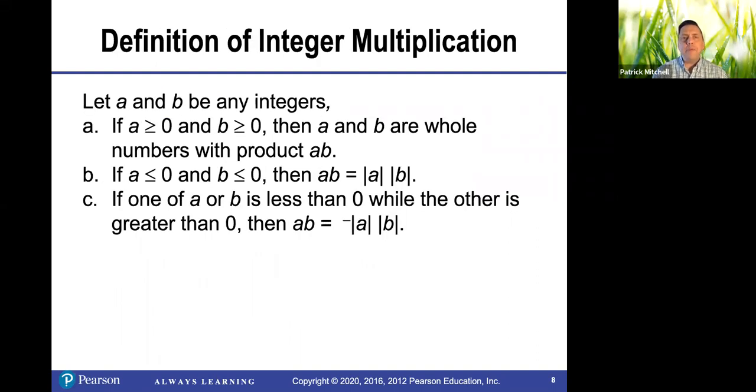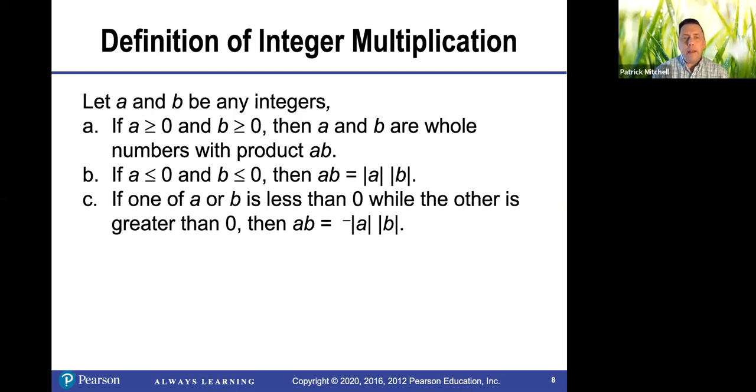Definition of integer multiplication. Let A and B be any integers. If A and B are both greater than or equal to 0, then A and B are whole numbers with product A times B. So we've already talked about how to multiply whole numbers. If A and B are both less than or equal to 0, then A times B is the absolute value of A times the absolute value of B. So for example, -3 times -2 is the same thing as 3 times 2.